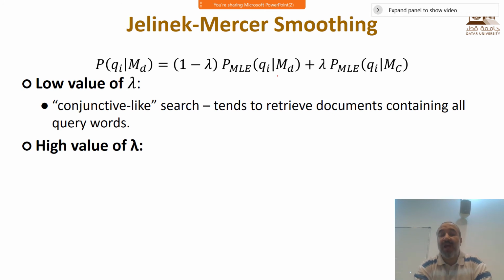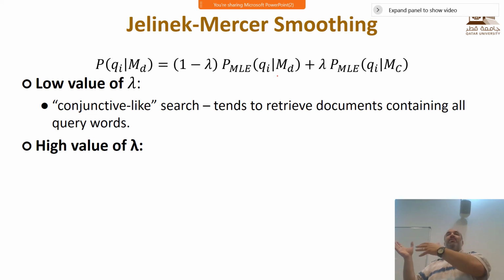What happens if we have a high value of lambda? Very high value of lambda. Yes, the background will dominate.